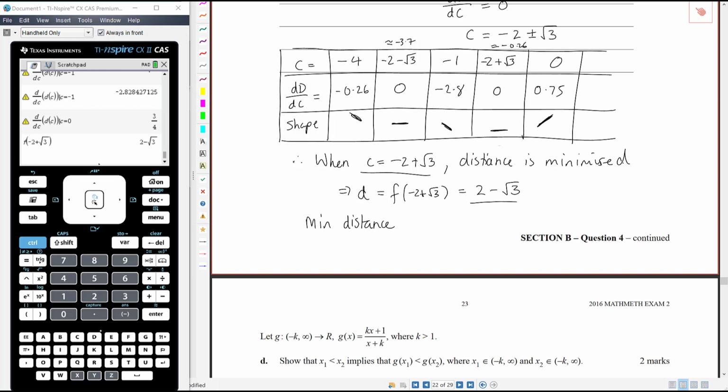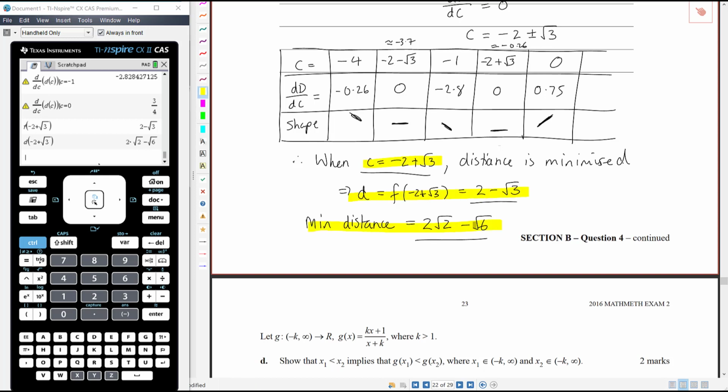So I'm going to sub that into my distance equation. So d of c, which is negative 2 plus root 3. The minimum distance is 2 root 2 minus root 6. Okay, so there's my three answers, my value of c, my value of d, and my minimum distance, all given exactly.